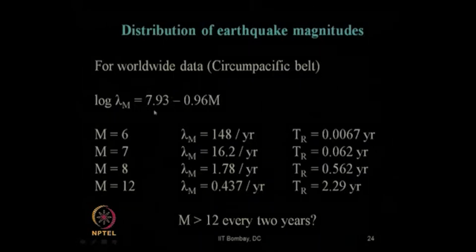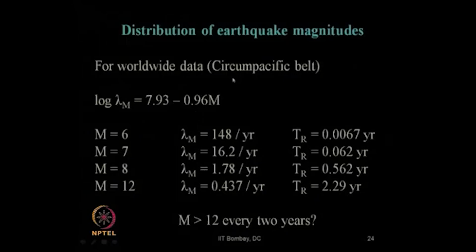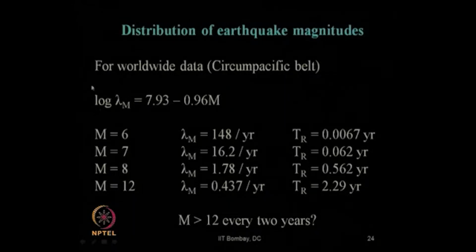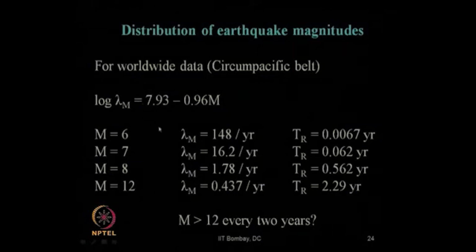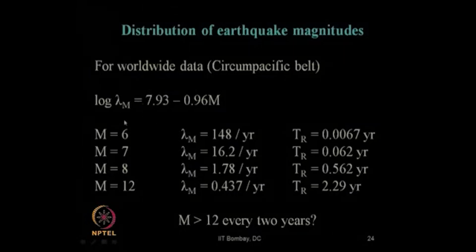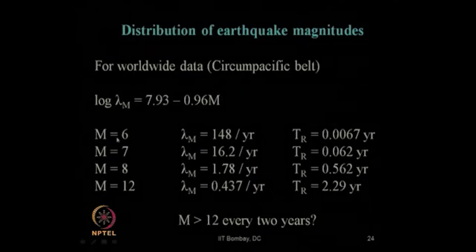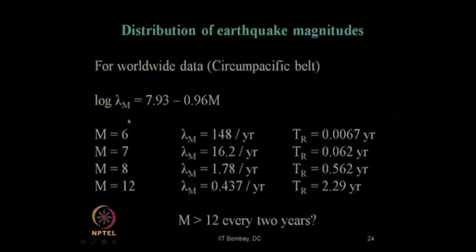This is the a value 7.93 and b value of 0.96 for this circum-Pacific belt based on the worldwide data. Now, if we want to apply this Gutenberg-Richter recurrence law with this known value of a and b, let us find out various magnitudes of earthquake and their mean annual rate of occurrence in a year.